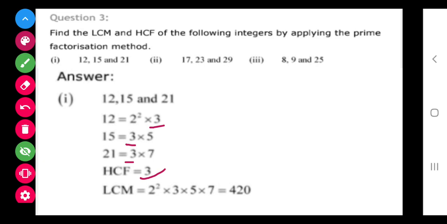But if we talk about the LCM, again the same thing, common will come one time and the rest of the things: 2 to the power 2, 5 and 7. What if here also there was a 2, what would we do?